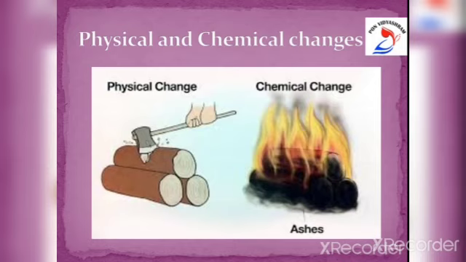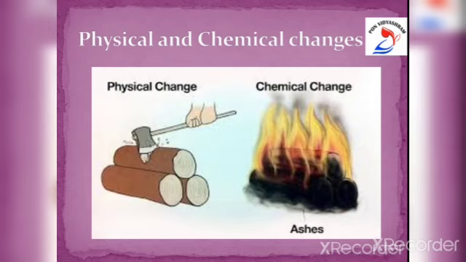There are two types of changes in matter, physical change and chemical change. As the names suggest, a physical change affects a substance's physical properties and a chemical change affects its chemical properties. Many physical changes are reversible, whereas chemical changes are often irreversible or only reversible with an additional chemical change.